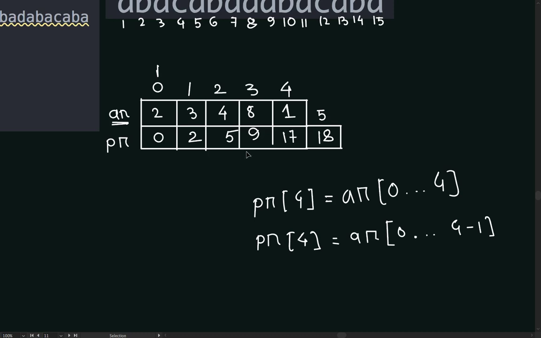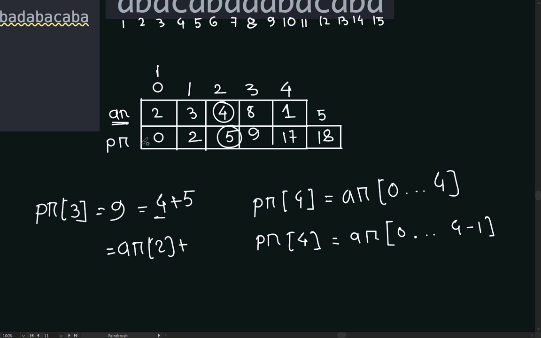Now there is also one thing that you might notice. Let's talk about 9. PR of 3 is basically 9, so PR of 3 we can write as 9. Now we can find 9 by summing 5 and 4 up, so we can just write here 4 plus 5. Now instead of 4 we can just simply write AR of 2, and instead of 5 we can just write PR of 2.